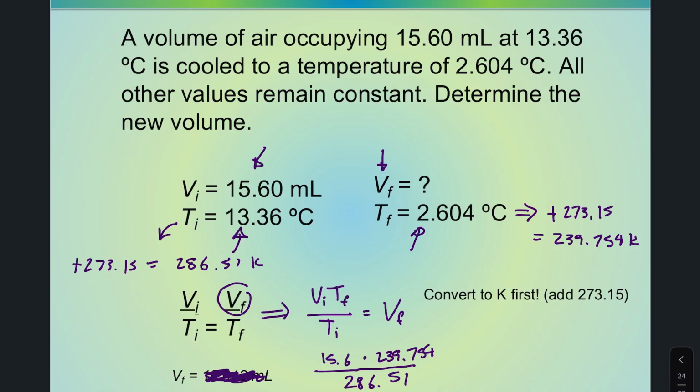When you're approaching these problems, it's very important to remember to convert to Kelvin, because you are going to get the wrong answer if you don't use Kelvin and just stick with Celsius. That is because of the zero issue, where 0 Kelvin and 0 Celsius are not the same number.